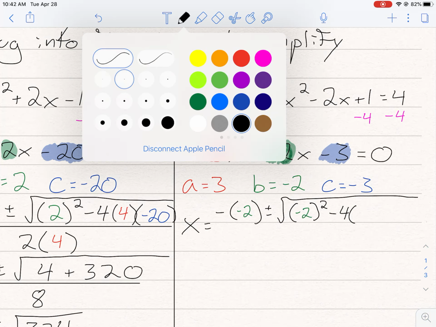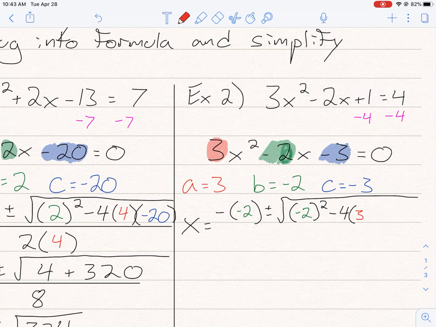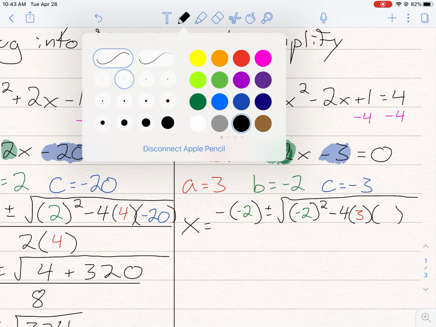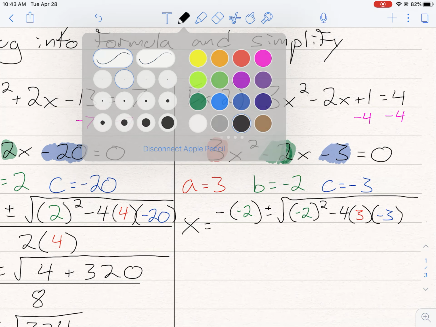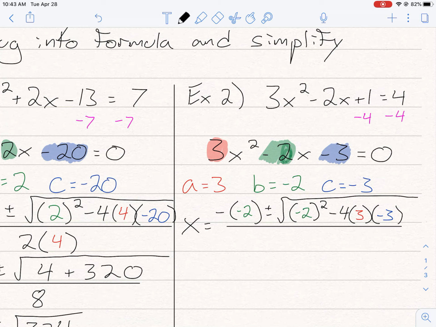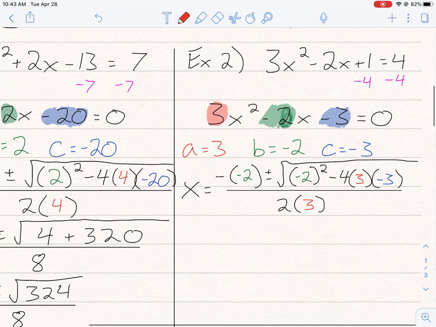Notice how I'm using parentheses around negatives. Minus 4 times a, which was 3, times c, which is negative 3, all over 2 times a, which is 3.